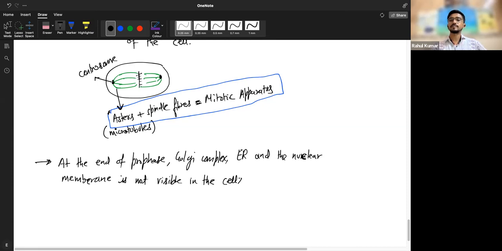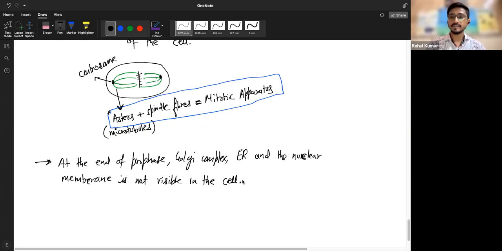It basically dissolves. We can form it again. We have to make it again after. But currently, the cell has to undergo a division, an event.